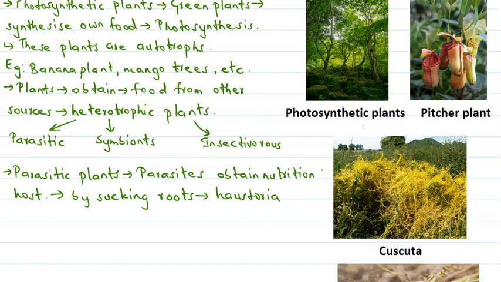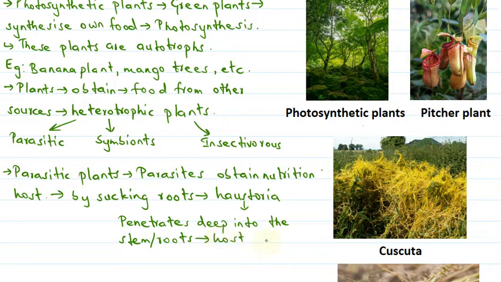So what do Haustoria do? Haustoria are structures that penetrate deep into the stem or roots of the host plant, because the parasitic plants derive their nutrition from the host plant.